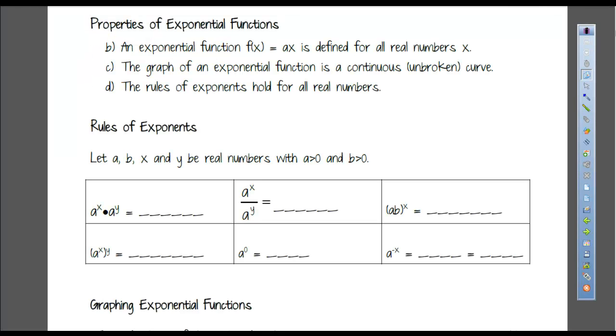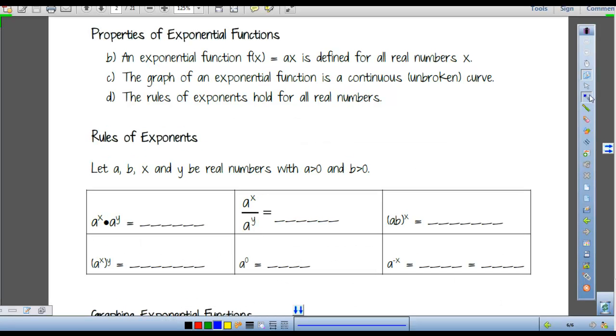All right. Did we skip something? No? Okay. All right, so here are some properties of exponential functions that we should be aware of. An exponential function, f of x equals a to the x, is defined for all real numbers x.